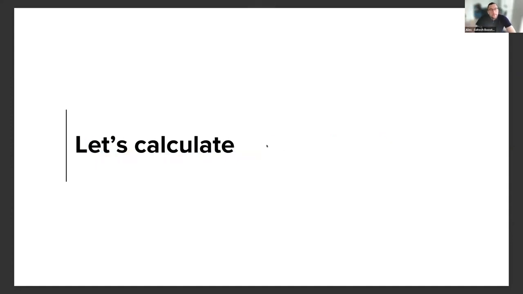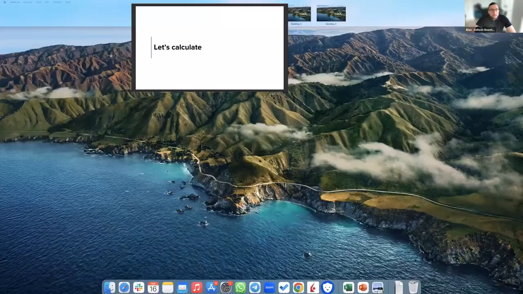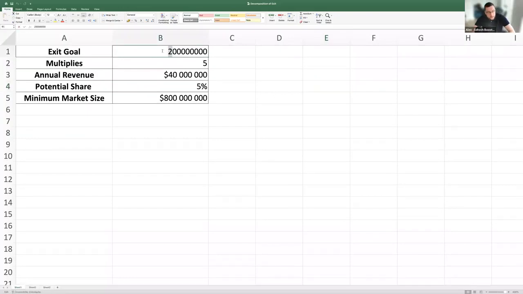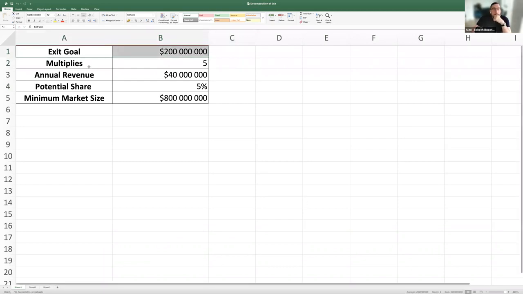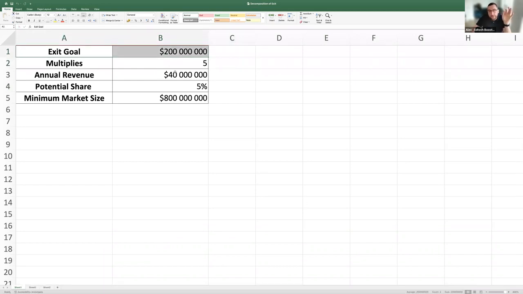So let's calculate. I have an exercise for you. Let's say you want to sell your startup for 200 million, right? You remember? And let's say at the end we would have a 5 multiple. You remember what a multiple is? It means: what should our annual revenue be to get this 200 million valuation?